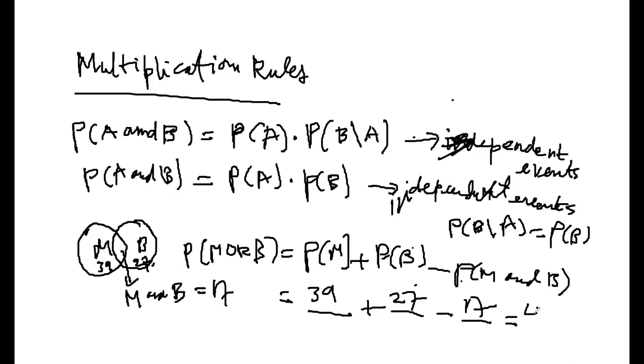So you got 49 here, divided by the total. The total is 60. So the answer is 49 over 60.